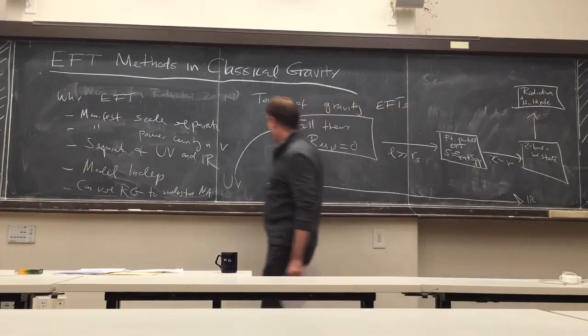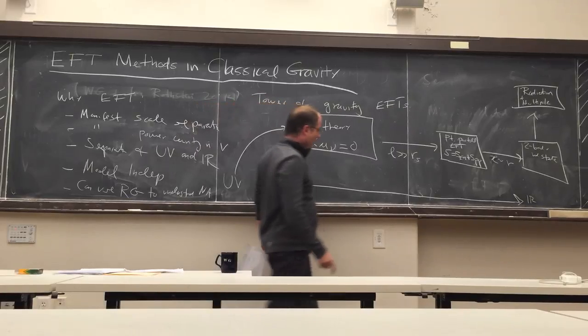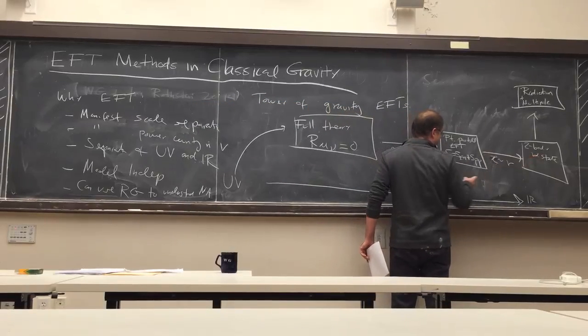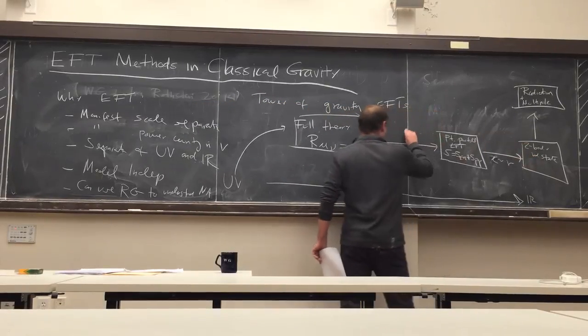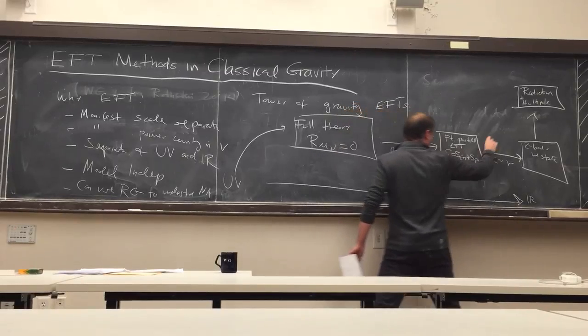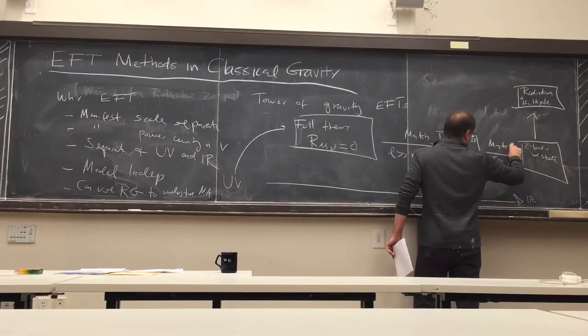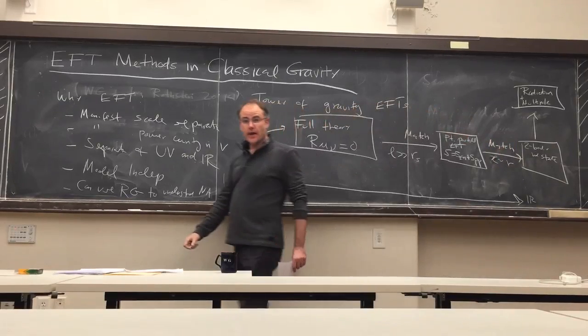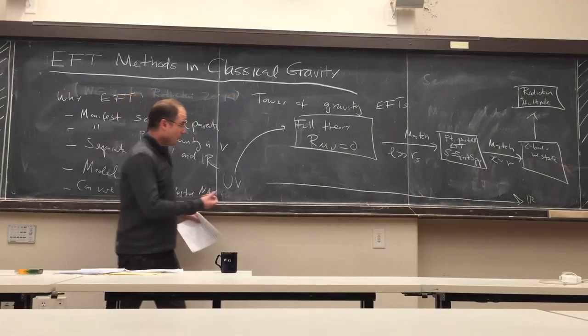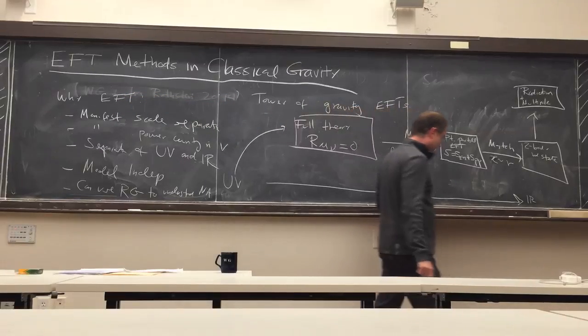As I said, my goal is to describe more or less how you go from one effective theory to the other, in other words, how to match across the different theories, and then how to do calculations in each theory.